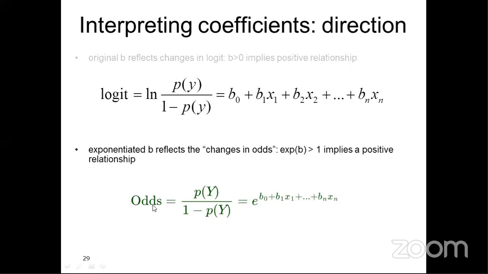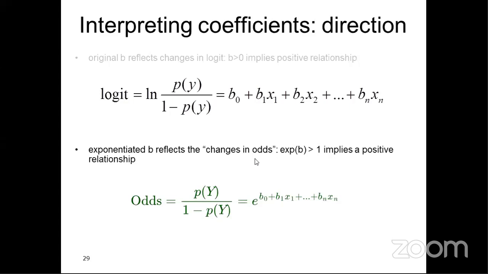Hence, to obtain the odds ratio of your logistic regression, you have to exponentiate B, the coefficient of the logistic regression. And you have to interpret this in terms of the changes in odds. So in the logistic form, it is the changes in the Logit, whereas in the odds form, it is changes in the odds.